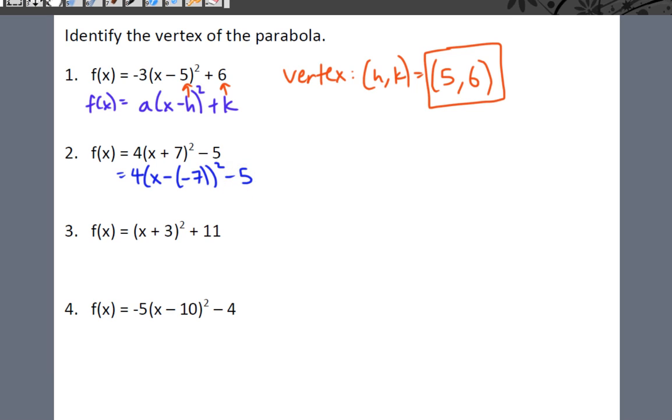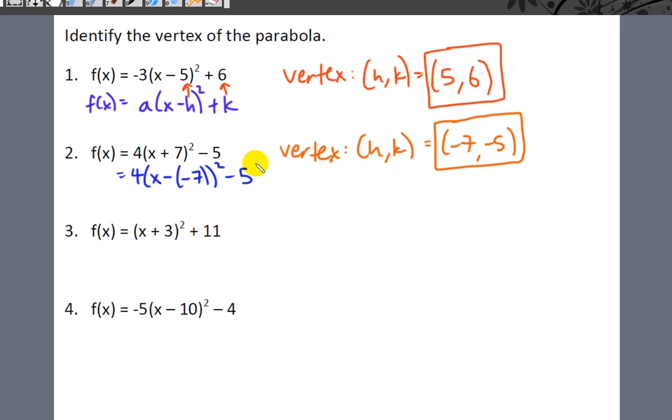Based on our vertex form, this here and this here just match up. So to identify the vertex of this parabola, h comma k in this case would be -7 comma -5. That's basically how you would do that.